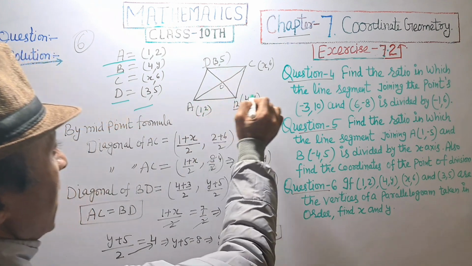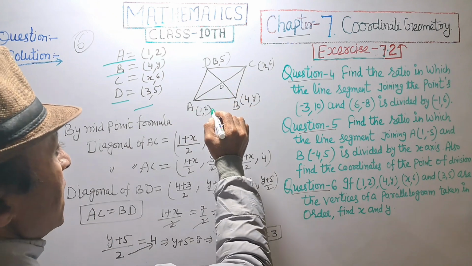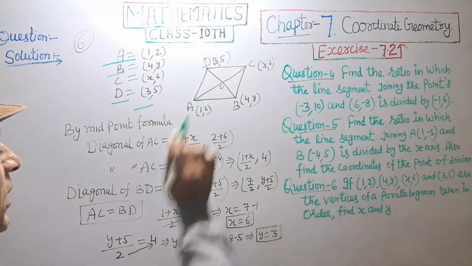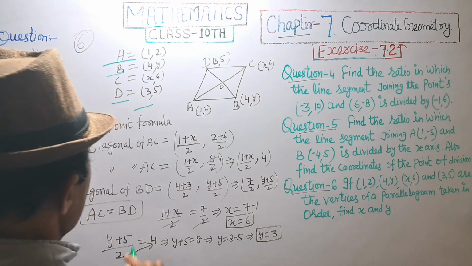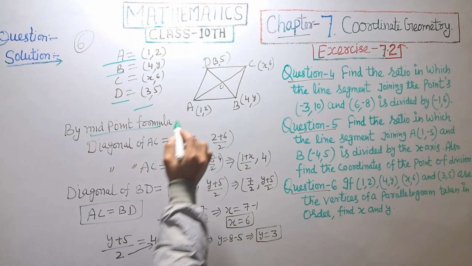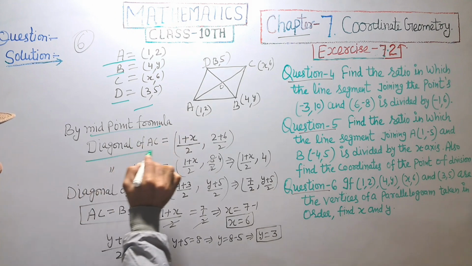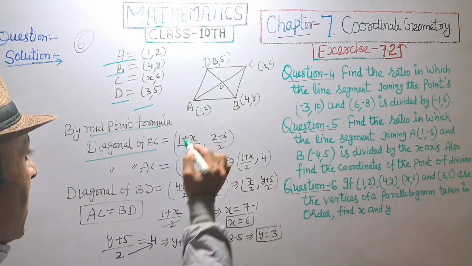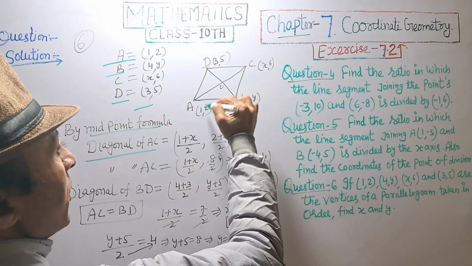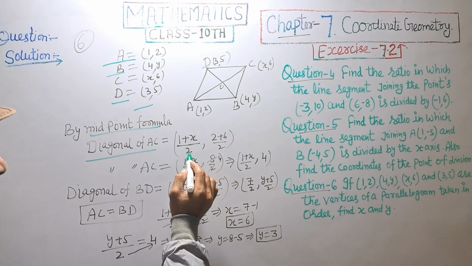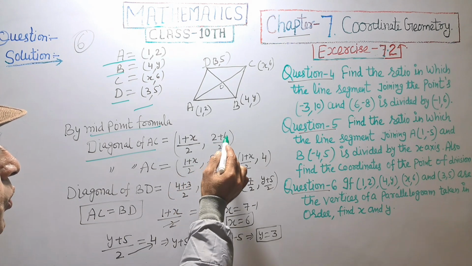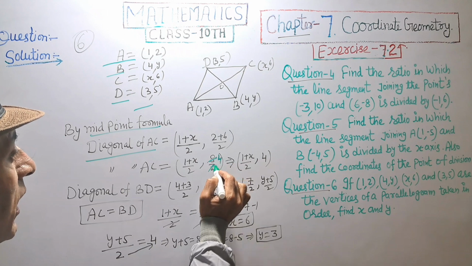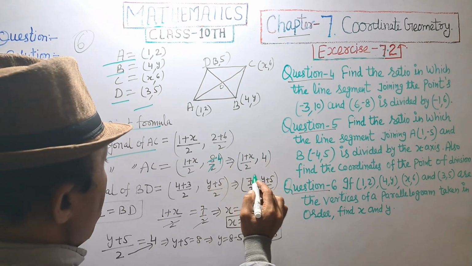Draw a parallelogram ABCD in which AC and BD are diagonals, but by the midpoint formula, diagonal AC is equal to (1 plus x upon 2, 6 plus 2 upon 2), that is (1 plus x upon 2, 8 upon 2), which is 4.